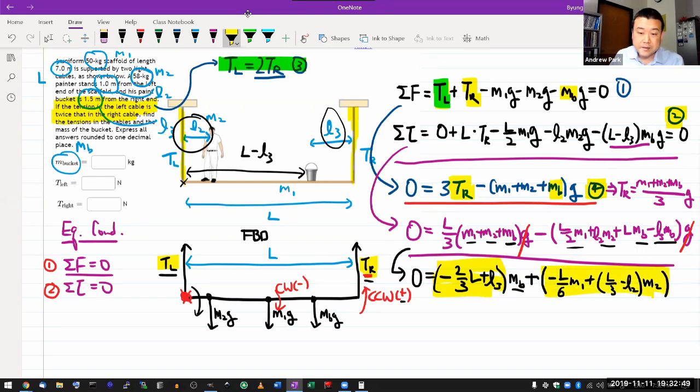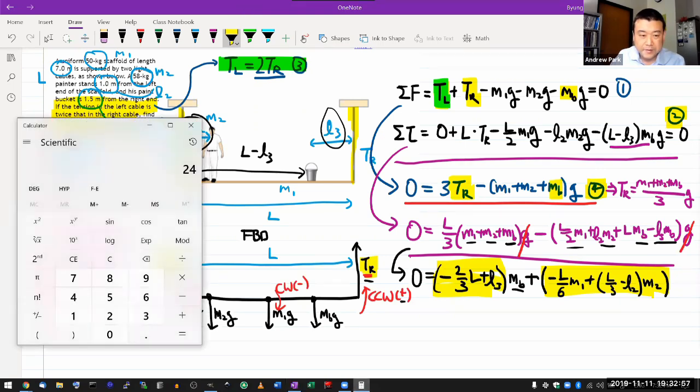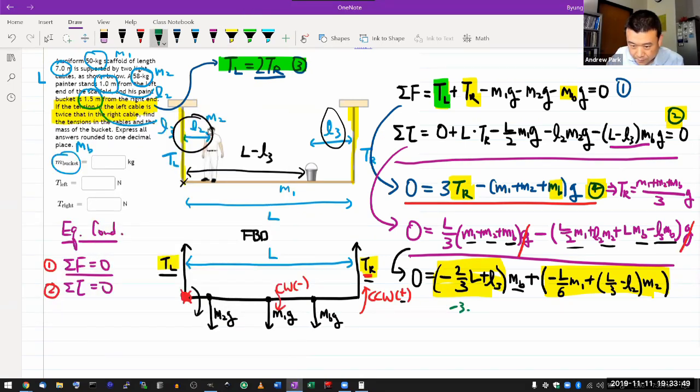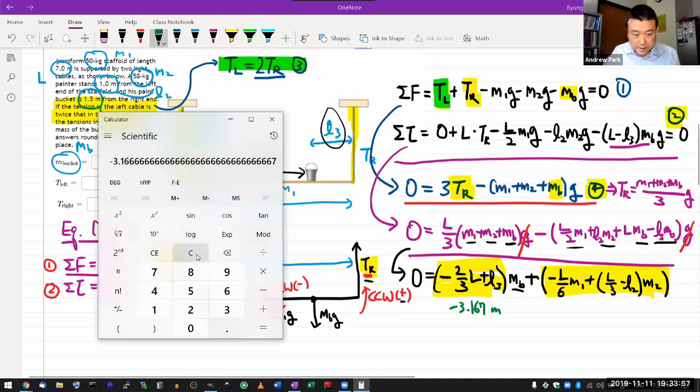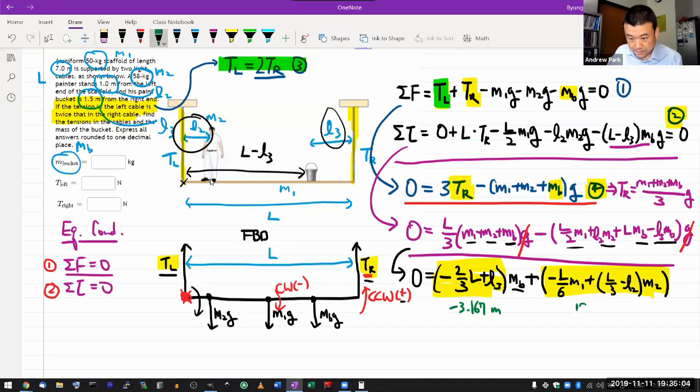So yeah, from this point on, tracking the symbols isn't really worthwhile. So let me just write out what those quantities are in numerical terms. So minus 3.167 meters. Okay, let's combine the other term. So I have 19 meter kilogram.